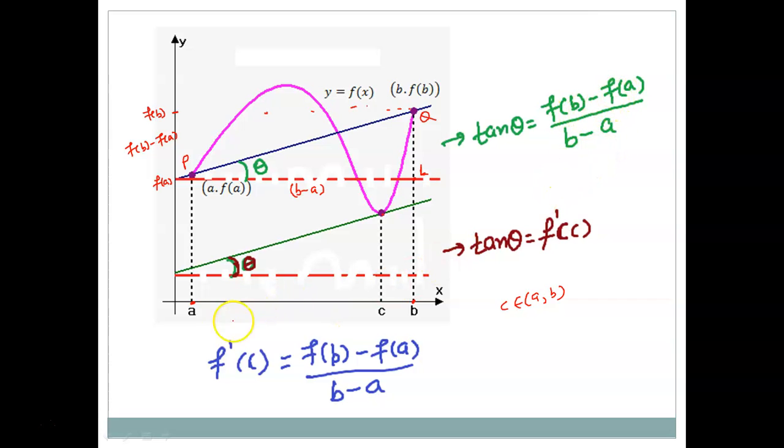So what is the geometrical meaning here in the mean value theorem?